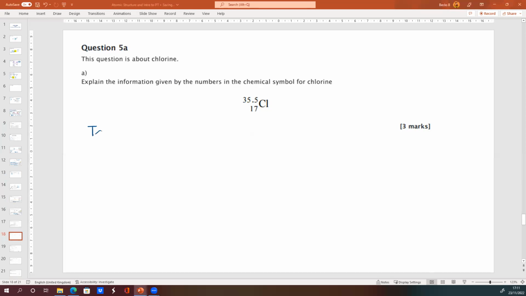Okay, so top number is the mass number. Mass number tells us protons plus neutrons.